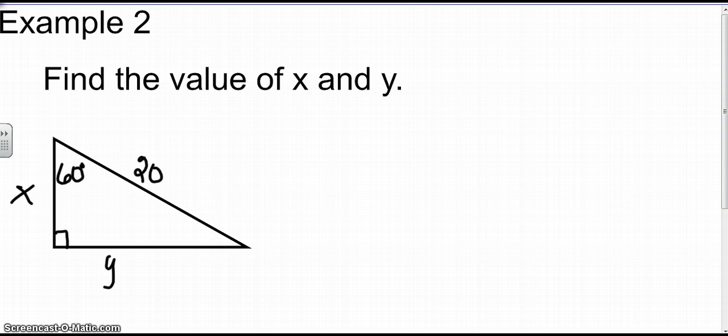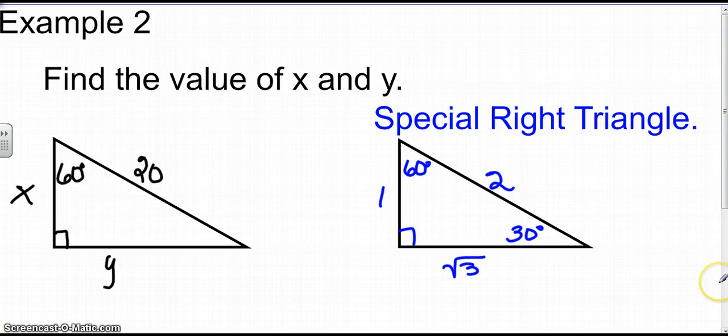I'm going to use the special right triangles to help me find the values for x and y in this triangle in example 2. So if you remember the special right triangle, that is the 30, 60, 90, 1, 2, square root of 3. So what I'm going to do is use ratios and proportions to find what x and y are equal to.